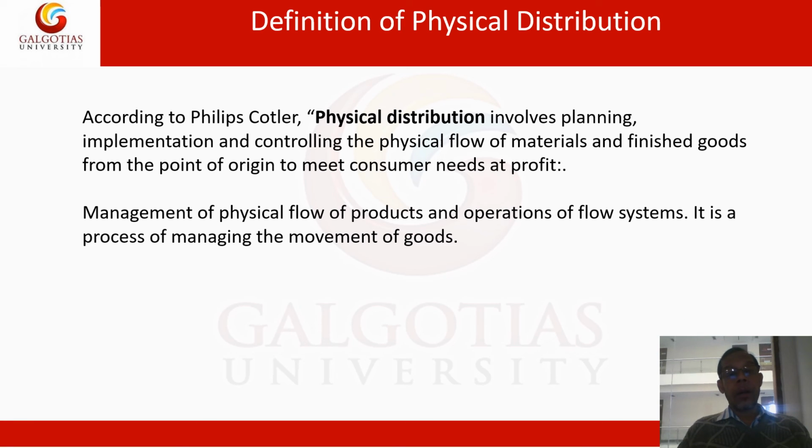Management of physical flow of product and operation of flow system, it is a process of managing the movement of goods. So this is all in the introductory chapter. I think you have got a very clear idea what is physical distribution and transportation, what is its role and how it is related to the whole supply chain.